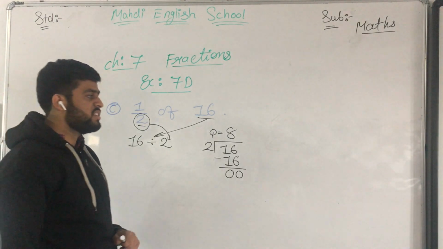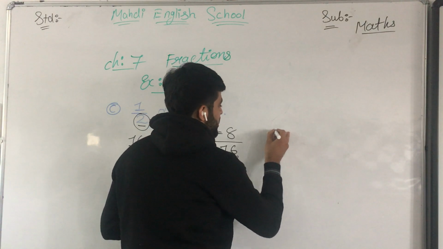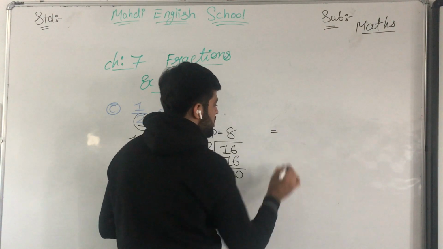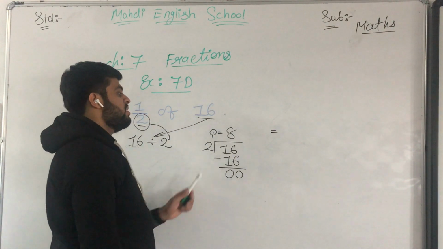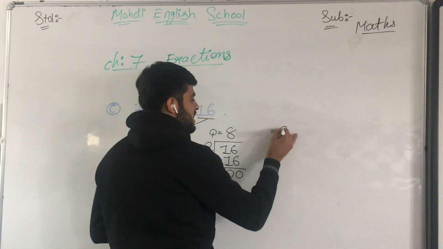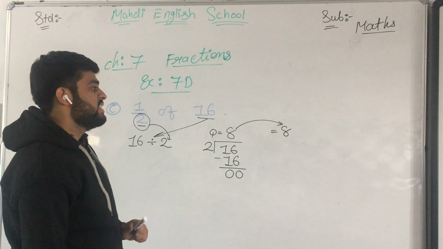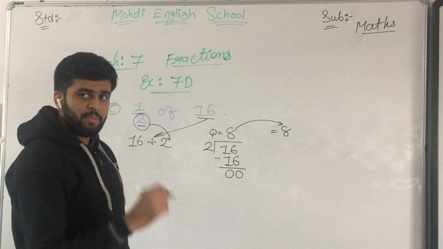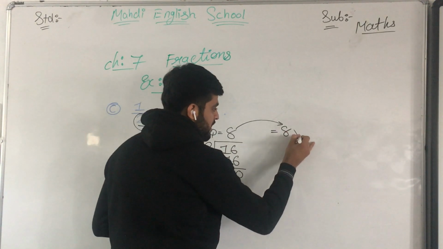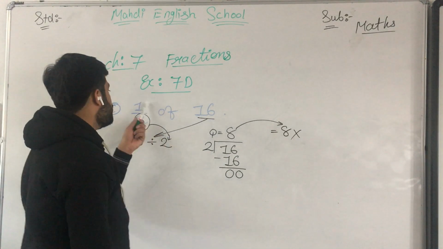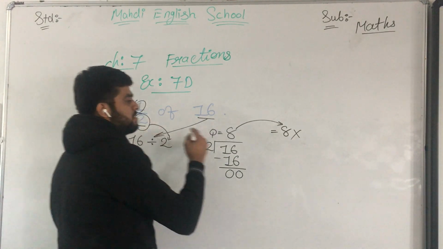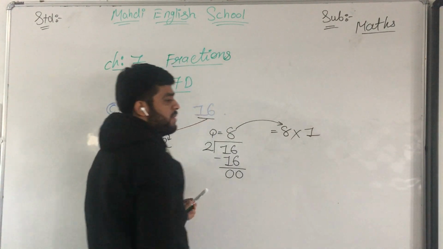Now, my dear students, our next step is multiplication. So here we do the multiplication. First we write this answer 8 here. Then put the symbol of multiply, and then we write the numerator. What is the numerator?